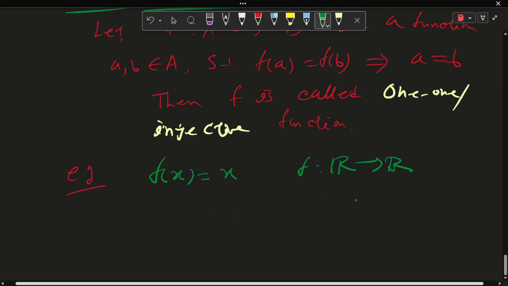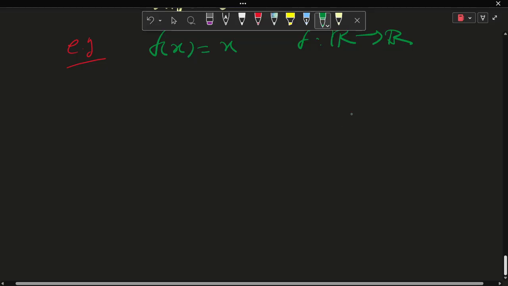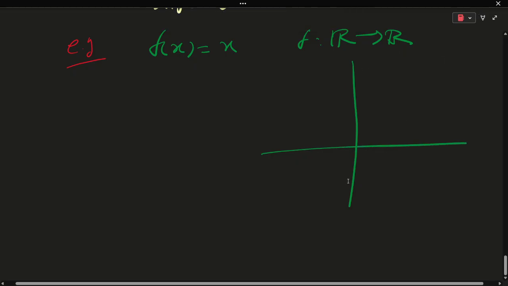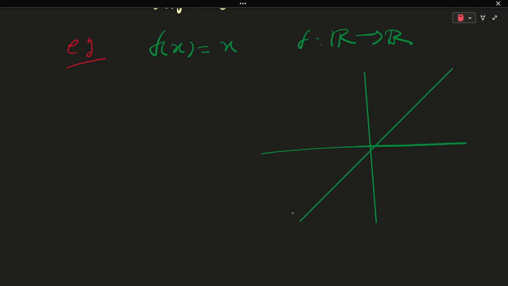So this is actually a straight line which passes through the origin. Basically, this is the Cartesian product, the Cartesian plane.